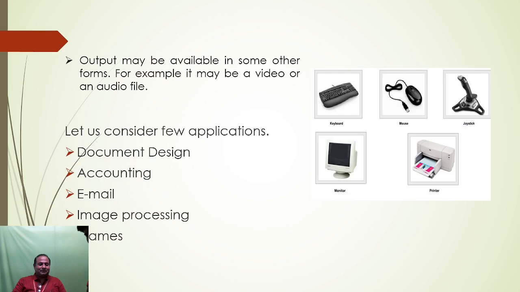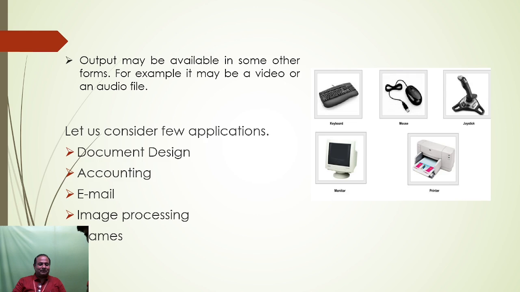Okay. And let us consider we have a few applications like document design, accounting, email, image processing, and games. All these applications can run only through the operating system. Suppose you want to make a document in Word, for that we need the operating system. Suppose you want to know the account information of the system, we can get it through the operating system.